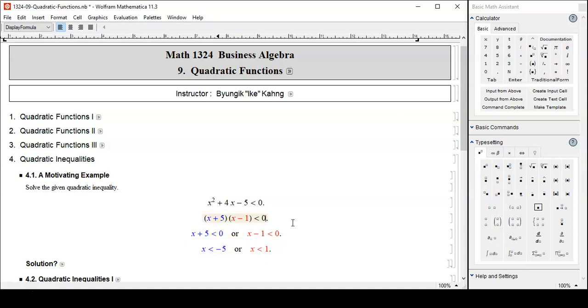Blue times red is less than 0, negative. That means we have 2 opposite signs.